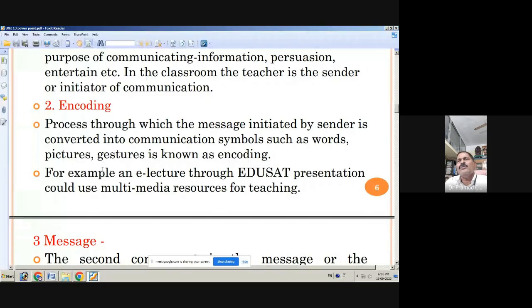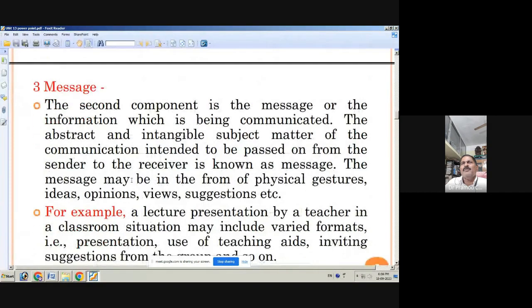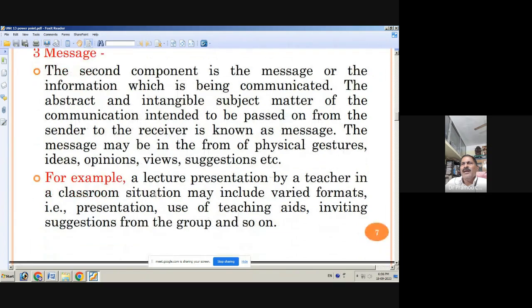Then he knows how to encode the message. Then the message is ready. And the message is nothing but the information which is to be communicated, means the abstract of the message. The subject matter required for the receiver should be communicated, in the form of physical gestures, ideas, opinions, views, and suggestions, whatever it may be.